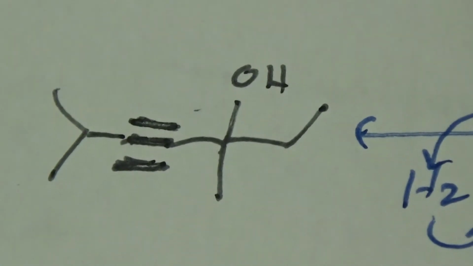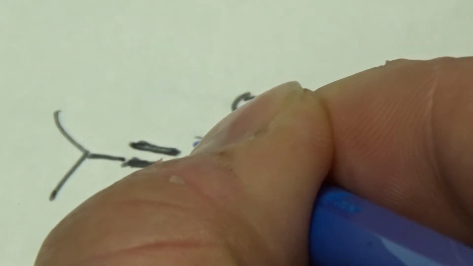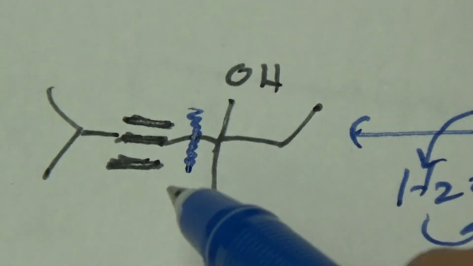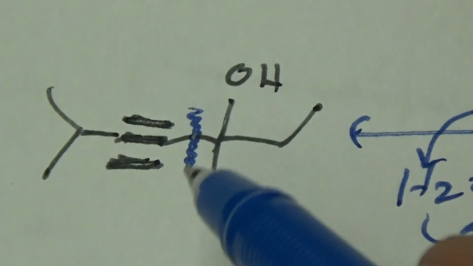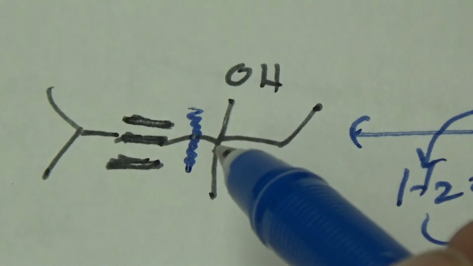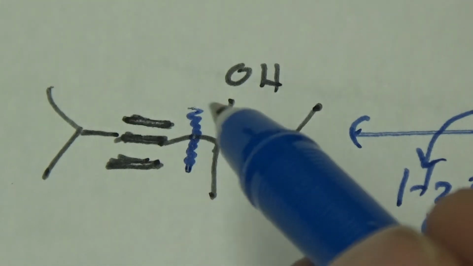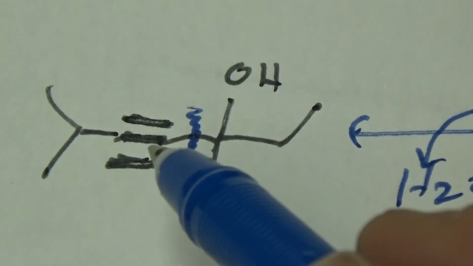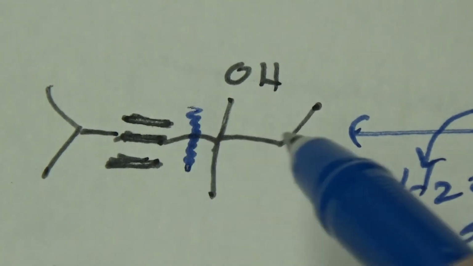When I have a product like this, I draw a squiggly line right there. That is helpful to show where the bond was that we created. It was between this carbon and this carbon, right? It was a CC bond we created there.